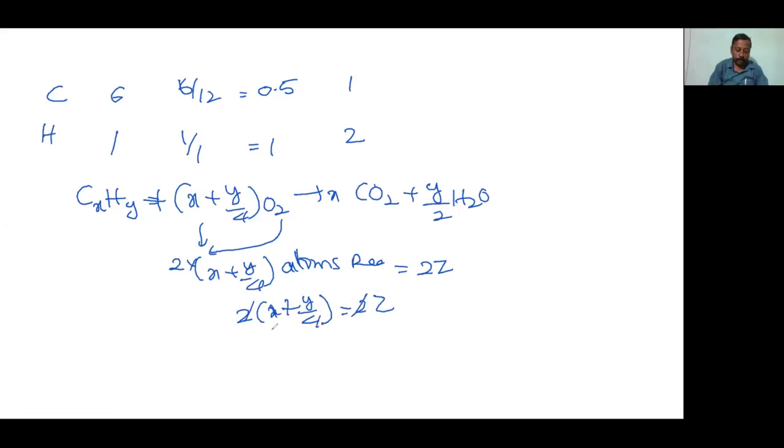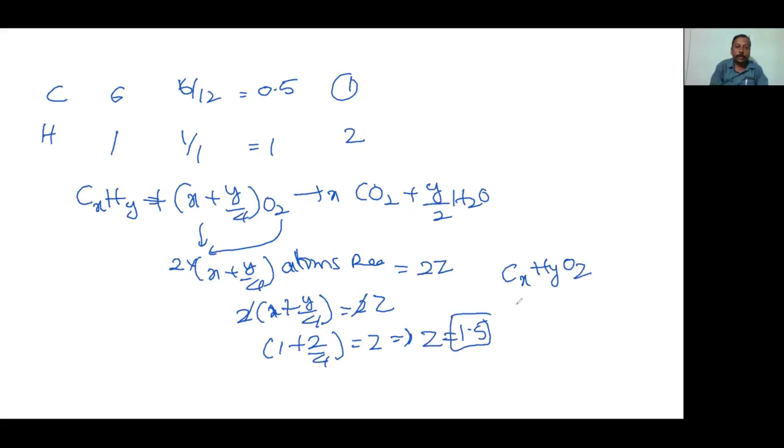The 2 and 2 get cancelled, leaving x plus y by 4. Here we already know that x is equal to 1. So 1 plus y by 4 is equal to z, with y equal to 2, and 2 by 4 gives z. That means z is equal to 1.5. Z is equal to how much? 1.5.